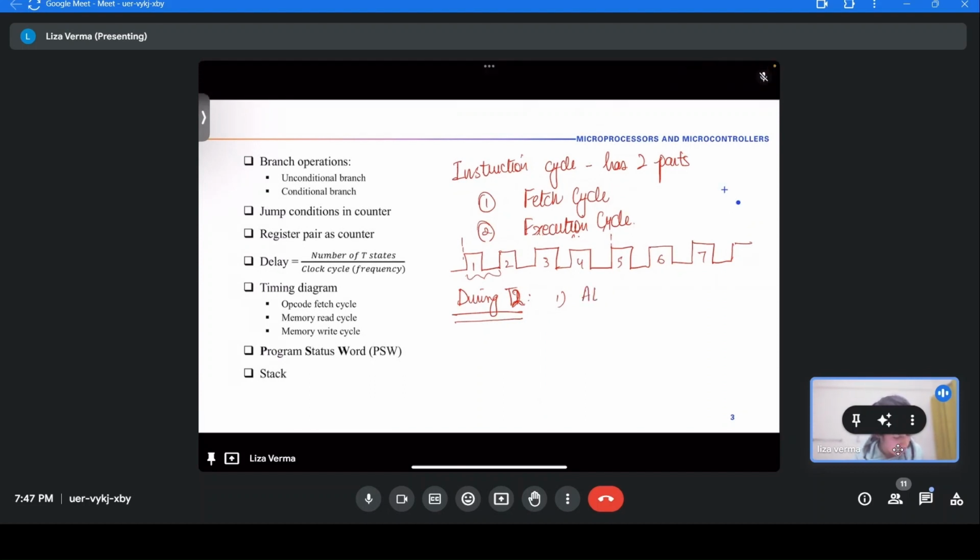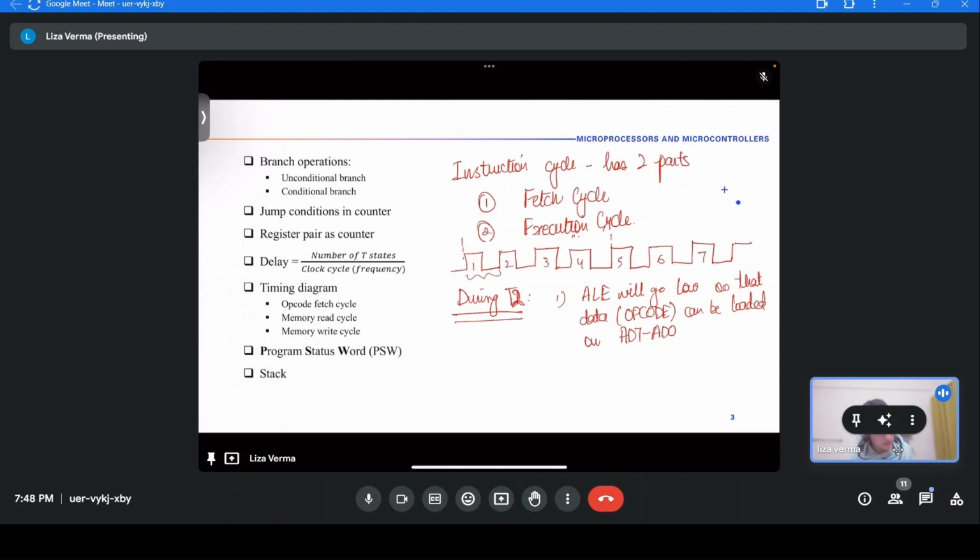So ALE will go low so that data, which in the fetch cycle is actually the opcode, can be loaded onto AD7 to AD0. So during T2, ALE goes low.